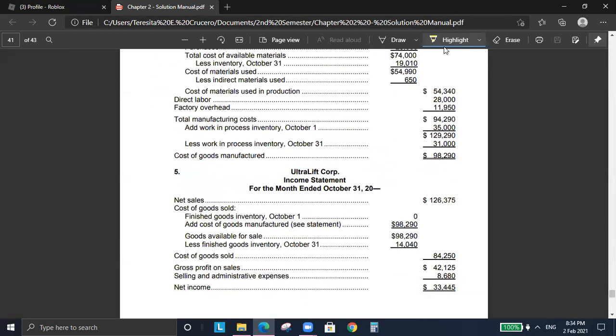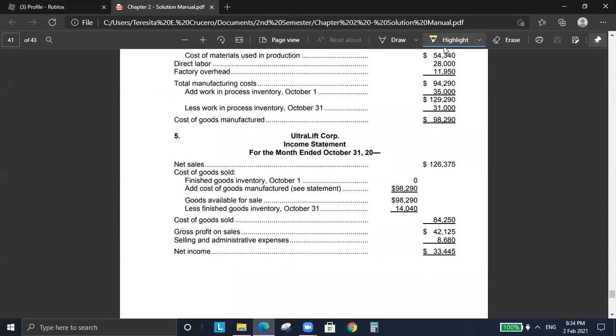For the income statement, we start with net sales. You can find that in your sales account. Then we deduct cost of goods sold: finished goods inventory October 1 is 0. Add cost of goods manufactured from the statement of cost of goods manufactured.